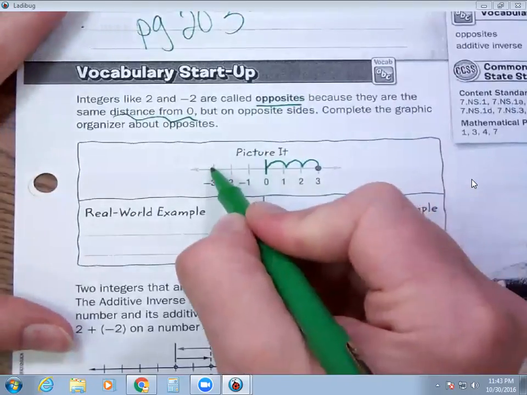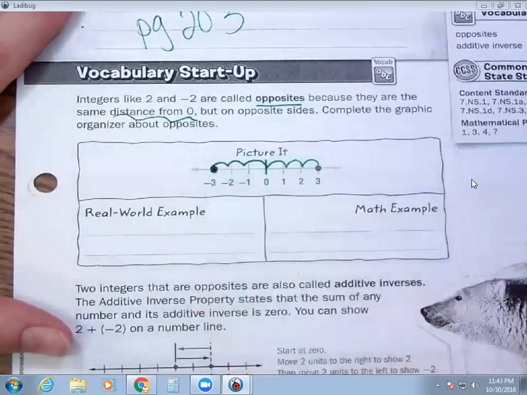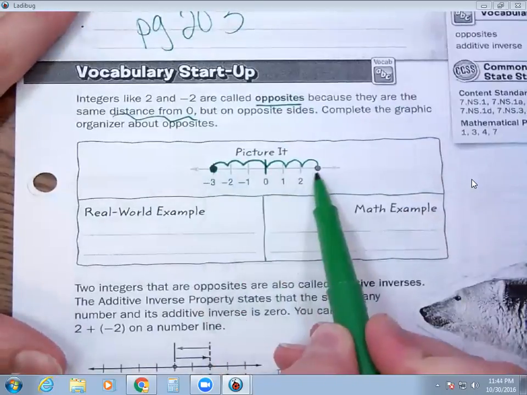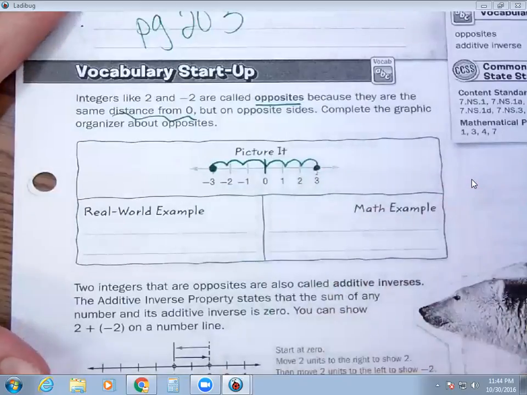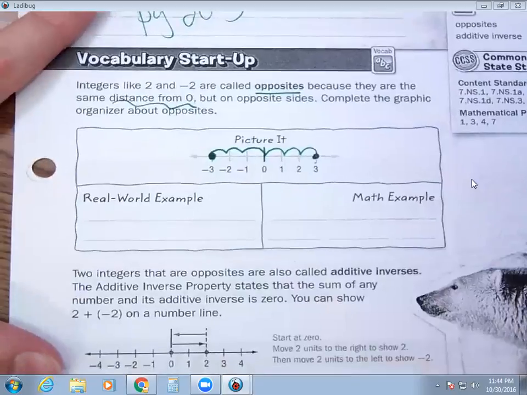Here is -3, 1, 2. It's also 3 steps from 0. So its absolute value would be 3 as well. So these are opposites because they're the exact same distance in the positive realm and in the negative realm from 0.